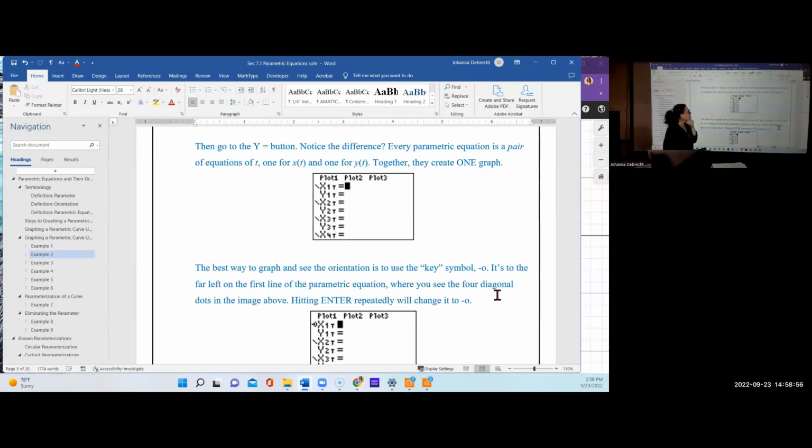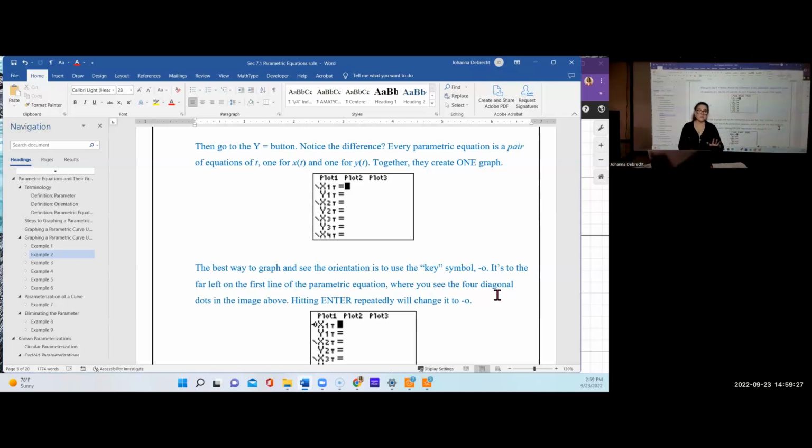Now, before we get to plotting, though, do you see this diagonal slash bar? So that just means it's going to connect it basically with a line as best it can and make it smooth. We want to see the orientation, and the best way to see the orientation is to graph the line, but also to see that dot moving around the circle. So this looks sort of like an old-fashioned key, which is a hyphen and then an O, or a hyphen and a 0.